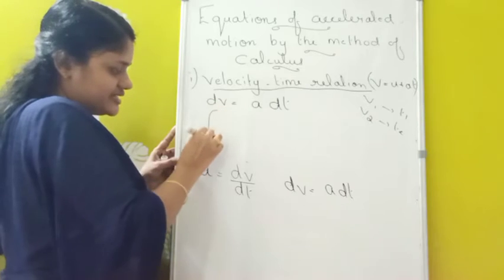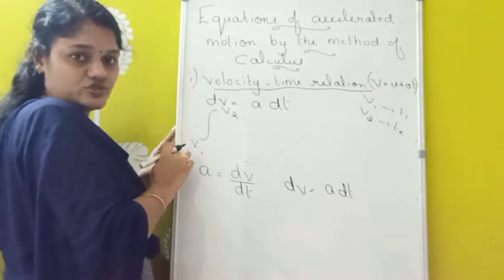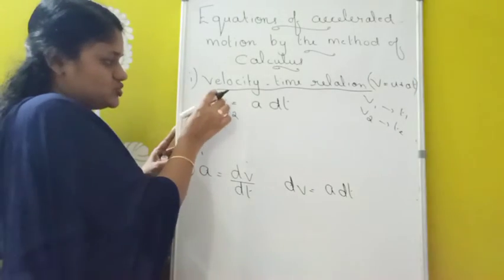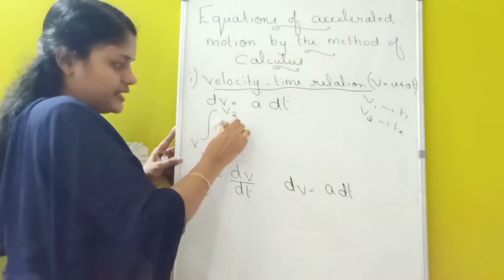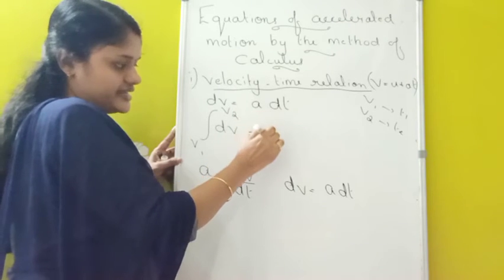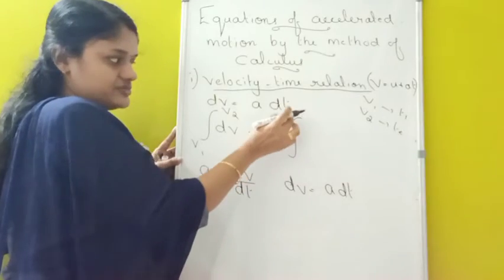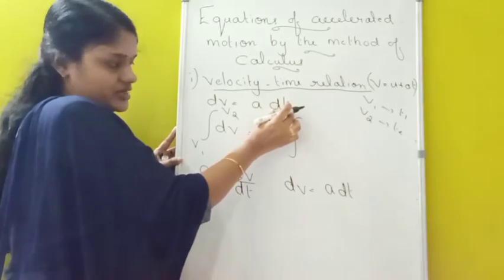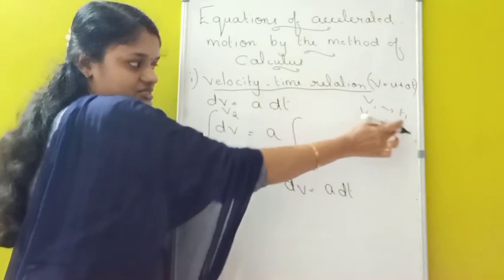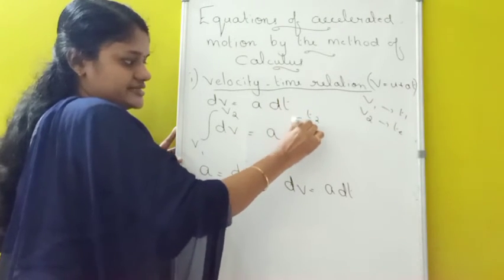So I put the integral from v1 to v2 of dv equals, since this acceleration is uniform or constant, we can take it outside the integral, a times the integral from t1 to t2 of dt.